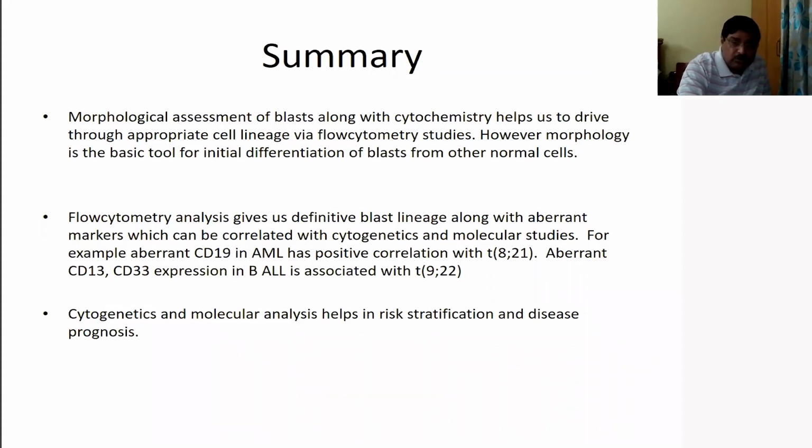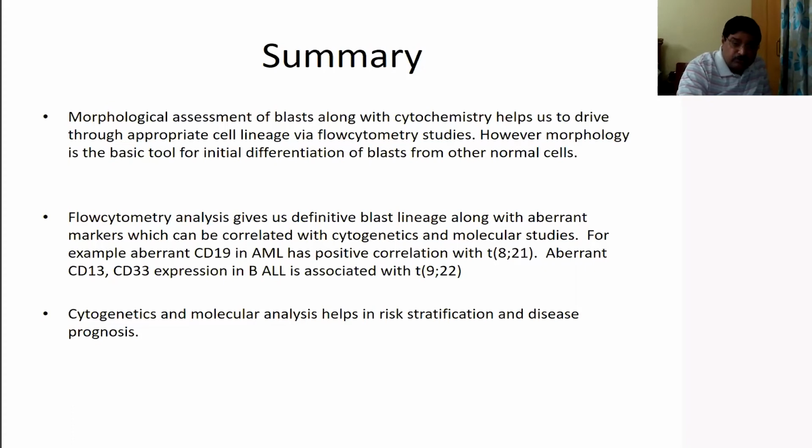So WHO has also taken care of the developing countries by keeping, as I mentioned, AML with morphologically defined entities or with differentiation. In the fourth edition, 2017 classification, everything becomes AML, not otherwise specified, if you do not do the cytogenetics and molecular genetics.